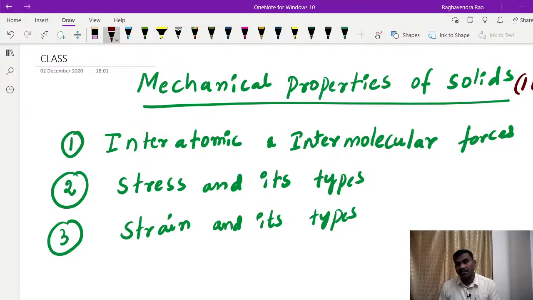There we have different cases, and we need to practice more numericals on Young's modulus. Many times they ask a question from this concept. Along with Young's modulus, other topics are also important.